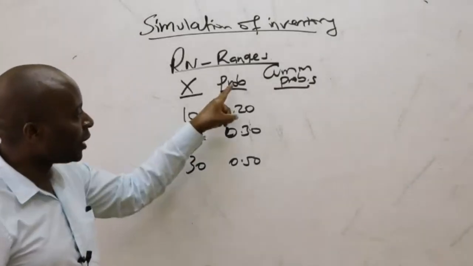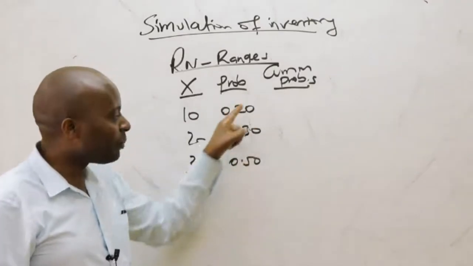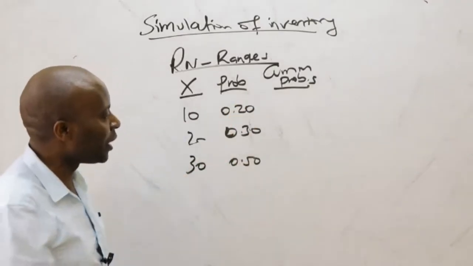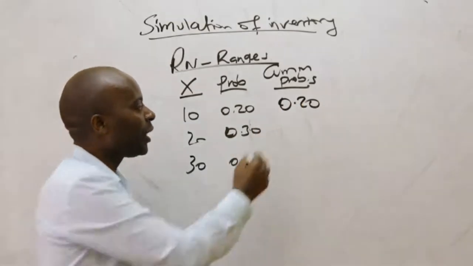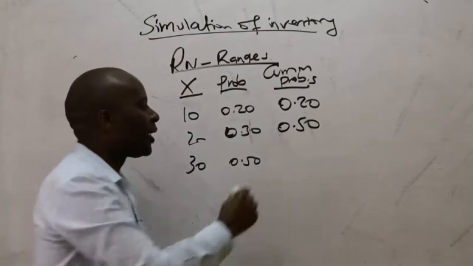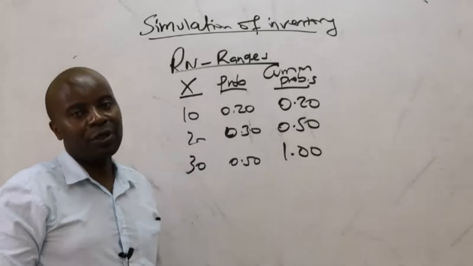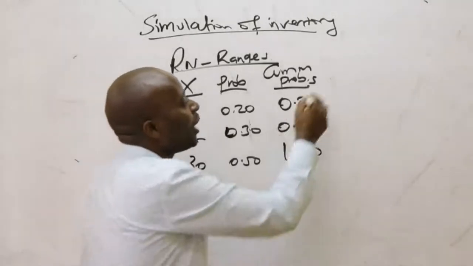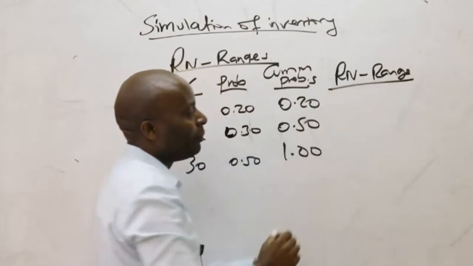The first thing we shall do is accumulate probabilities downwards. So 0.20 plus 0.30 gives us 0.50, plus 0.50 gives us 1.00.